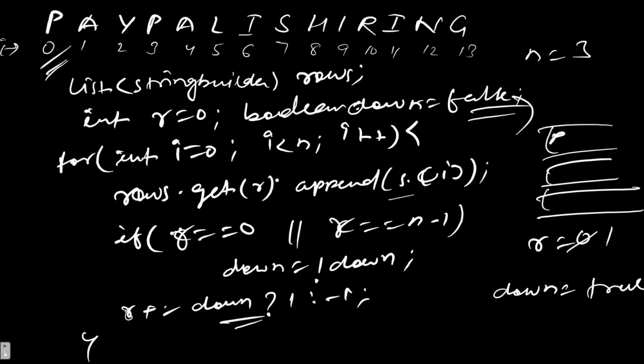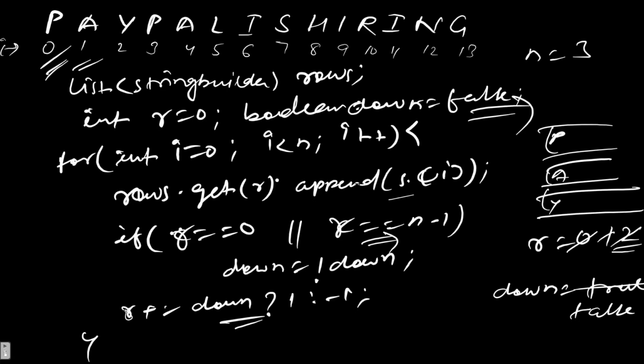Then our row will be 1, and again we'll come back and get r, we'll append the current character for the second row, it will be a, and then similarly at third time we'll append y. Then our r is going to be equal to n minus 1, that is r equal to 2 at the current time. So again we will change our direction, from true to false. And whenever we find it is false, we'll change our r from 2 to 1, that is it is going to be 1 again.